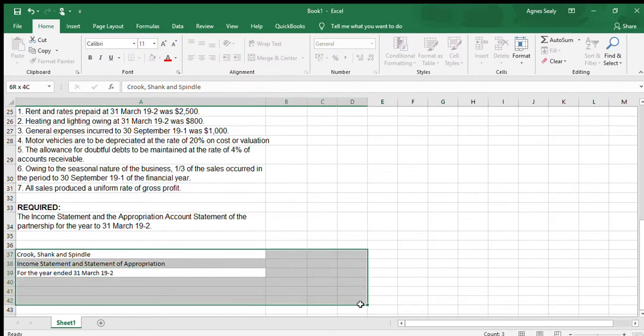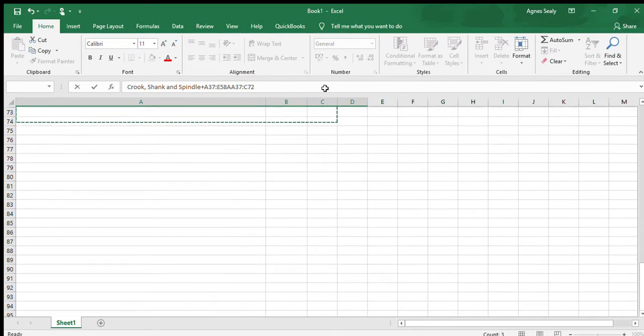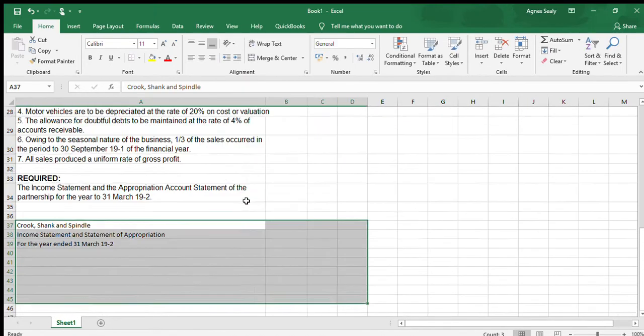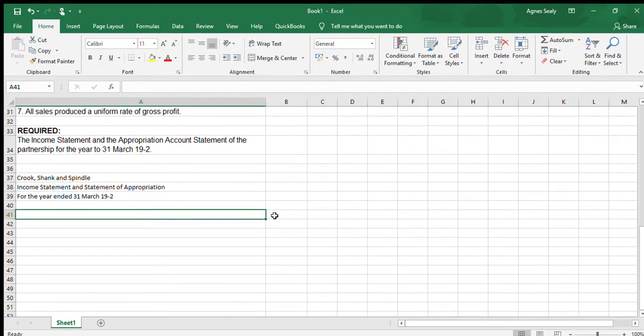We're beginning to set up for our income statement.